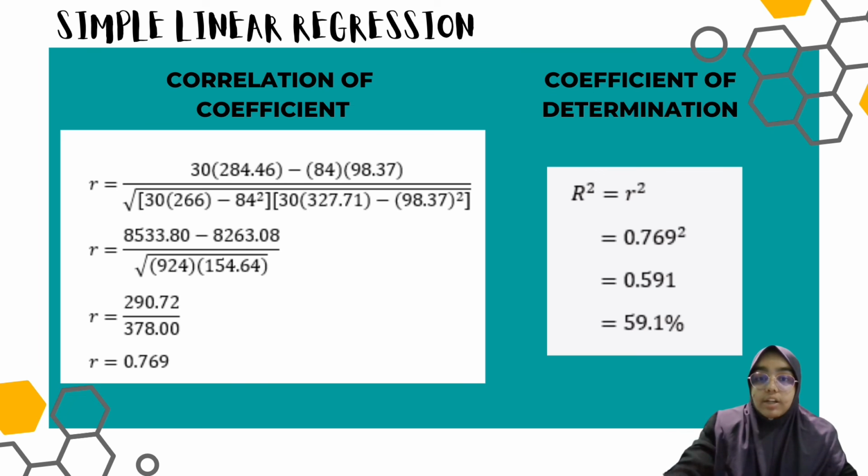Meanwhile, the coefficient of determination, R square, is a statistical measure in a regression model that determines the proportion of variance in the dependent variable that can be explained by the independent variable. In other words, it tells how well the data fit the model. As we refer to the slide, R square equals 55.1%. This means that a higher coefficient indicates a better fit for the model.